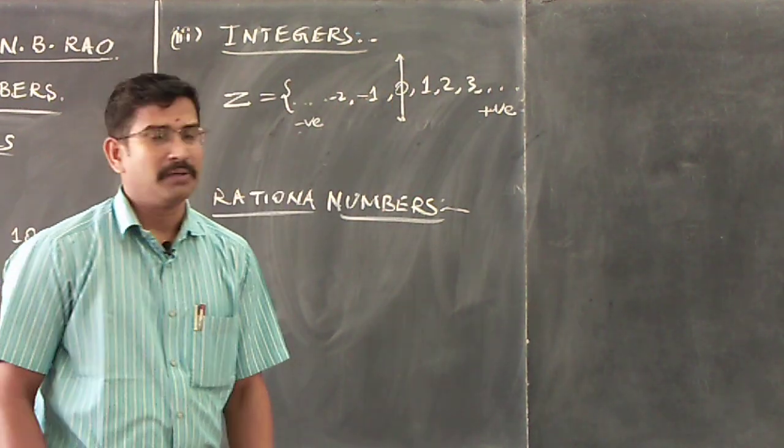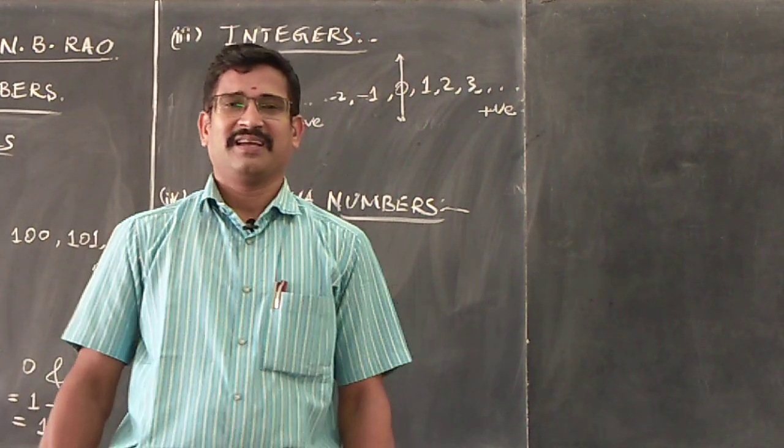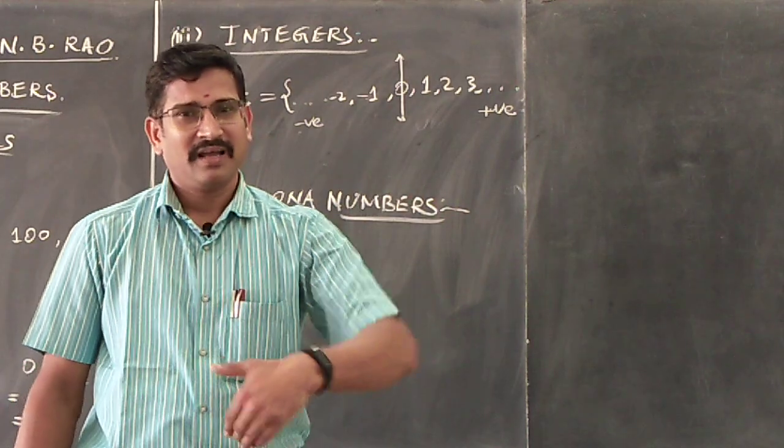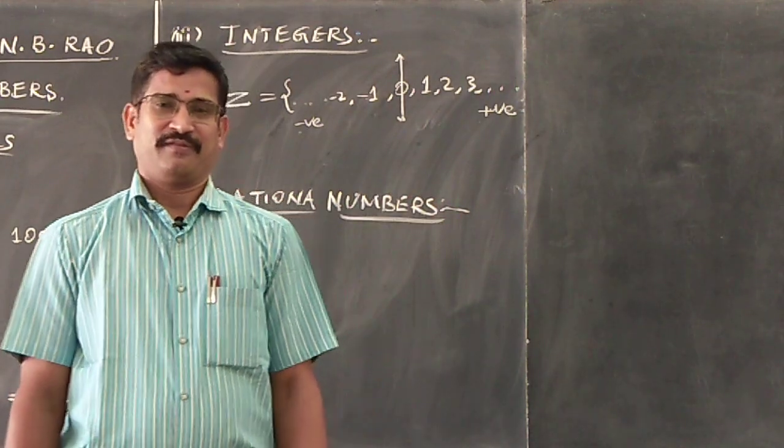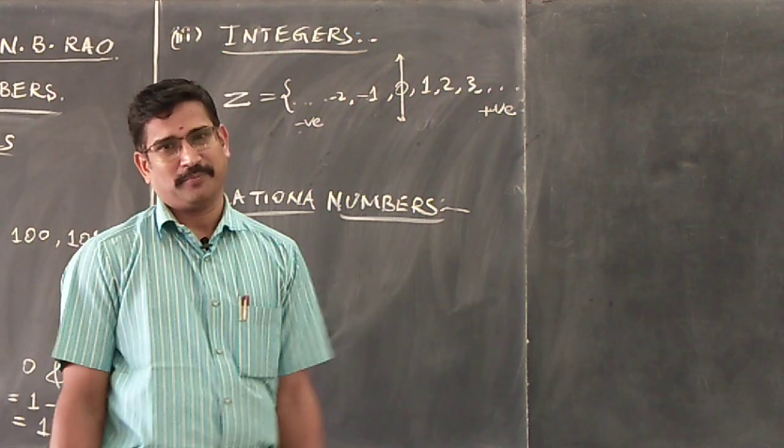Can I have an image for 0? No, because the image of a mirror is the mirror itself. That's how there is no negative form of 0 or image of 0.